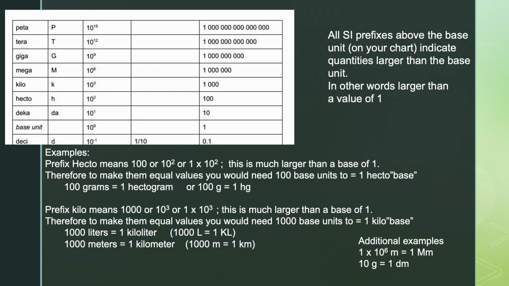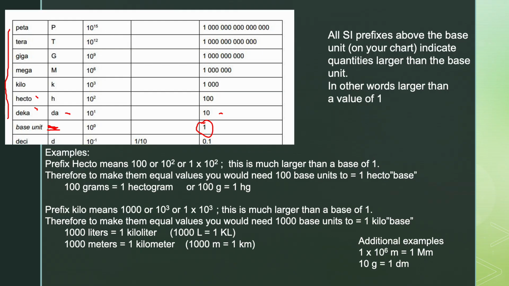Okay, this is the same chart. Look at just our larger prefixes first. Again, I have my base unit right here, and all the prefixes above it are larger than the value of 1. You have to know the name deca, its abbreviation DA, and its value, 10.